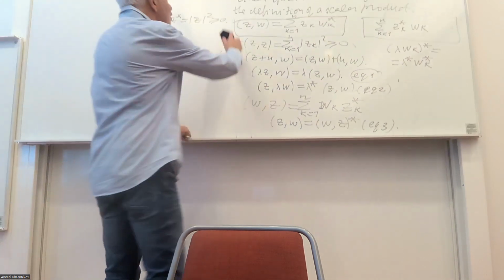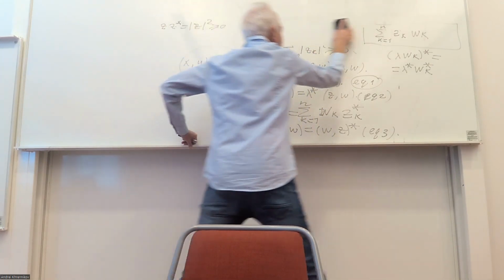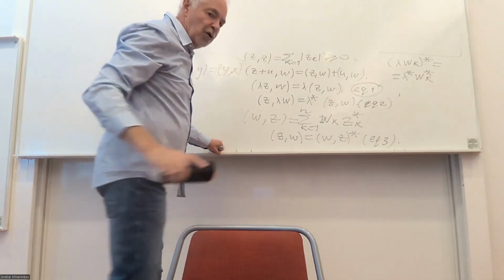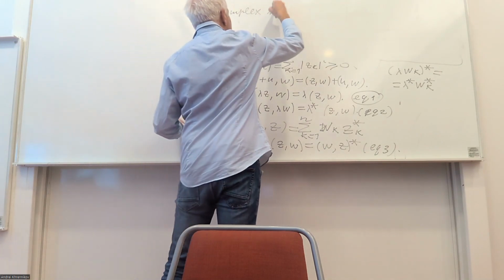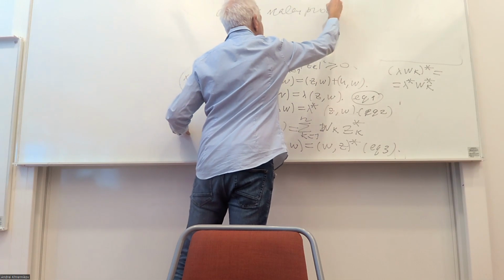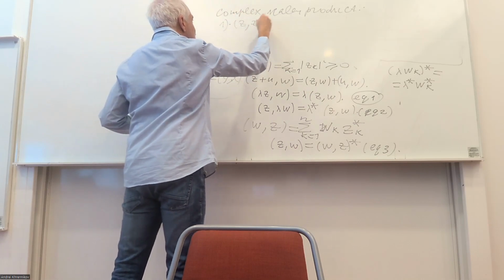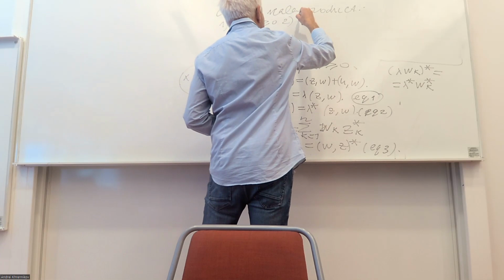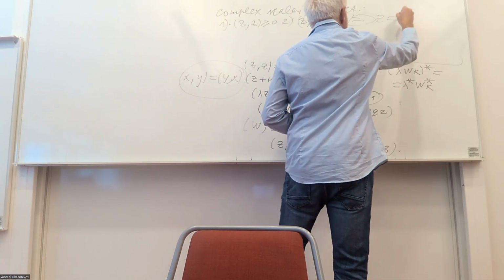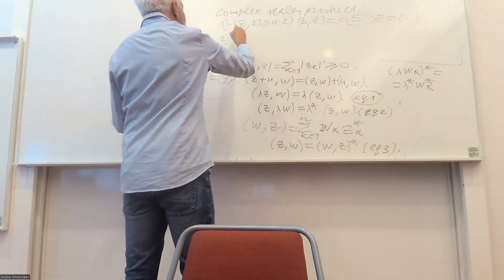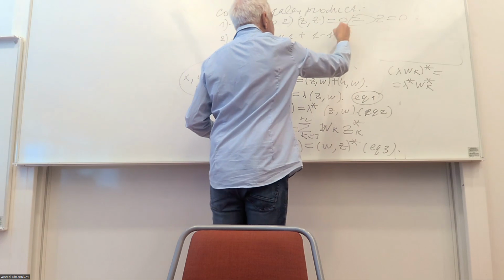So the complex scalar product has the properties: first, (z, z) is non-negative, and (z, z) equals 0 only if z is 0. Second, it is linear with respect to the first argument.